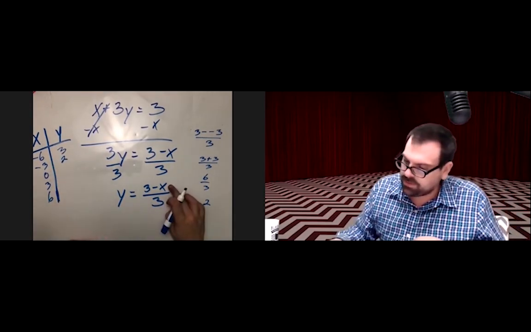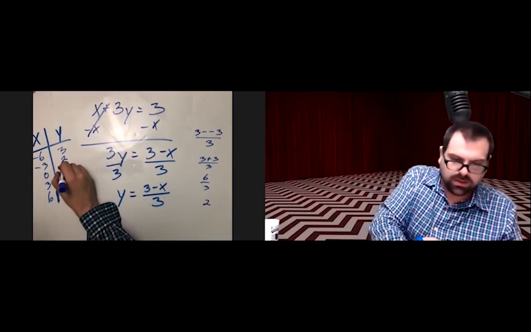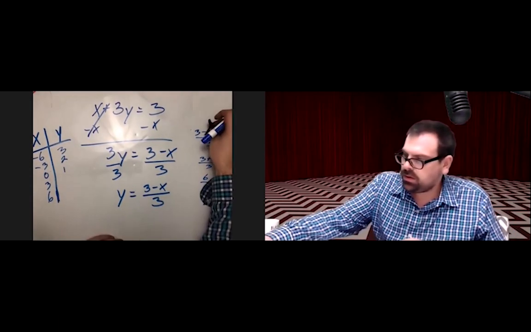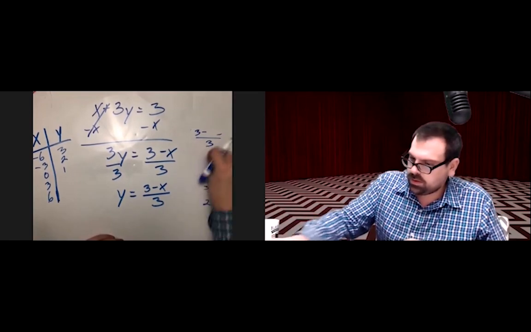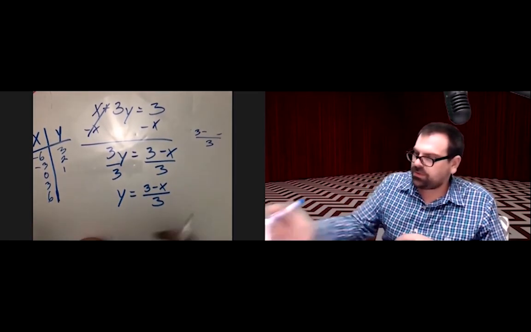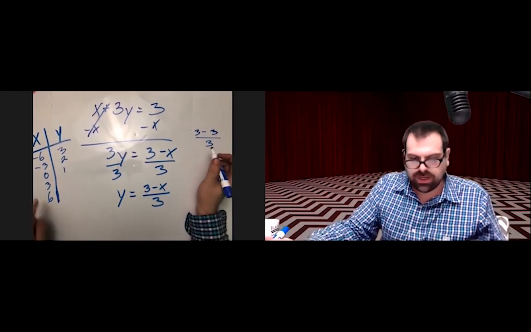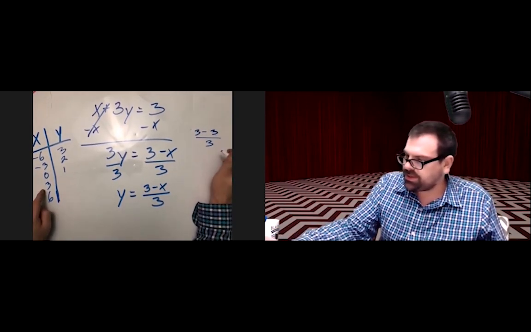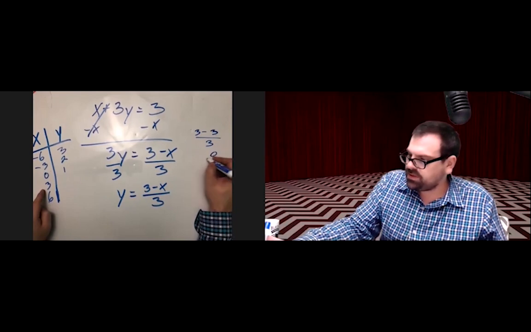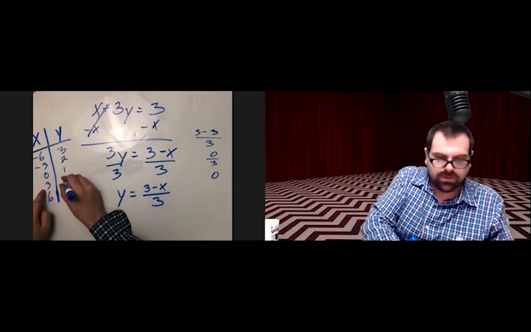If I put 0 in, 3 minus 0 is 3, 3 over 3 is 1. So 3 minus x over 3. If I put 3 in, 3 minus 3 is 0. 0 over 3 is 0.